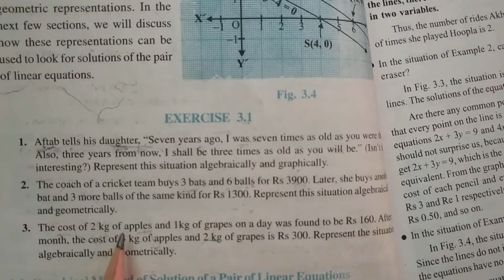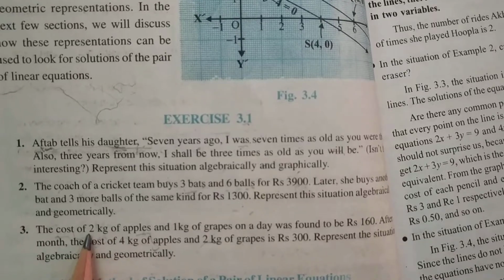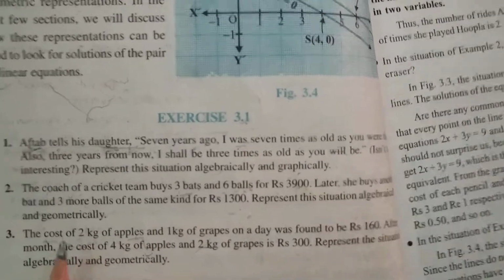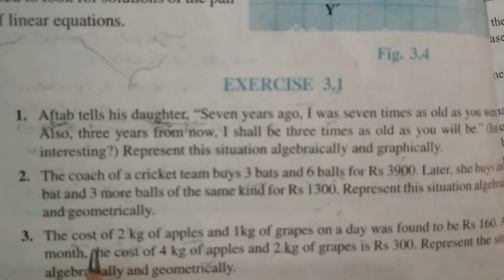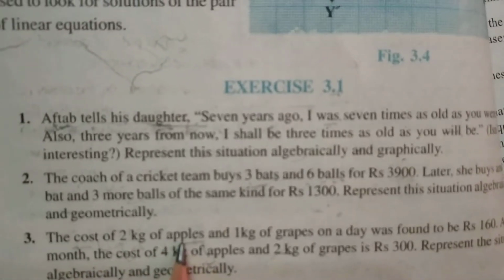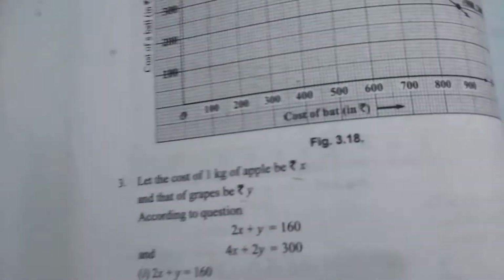Whenever the cost of anything is given to you, first you need to suppose it for one unit. Here your unit is kg, so we will suppose the cost of 1 kg of apples as x and the cost of 1 kg of grapes as y. So let's come to the question.